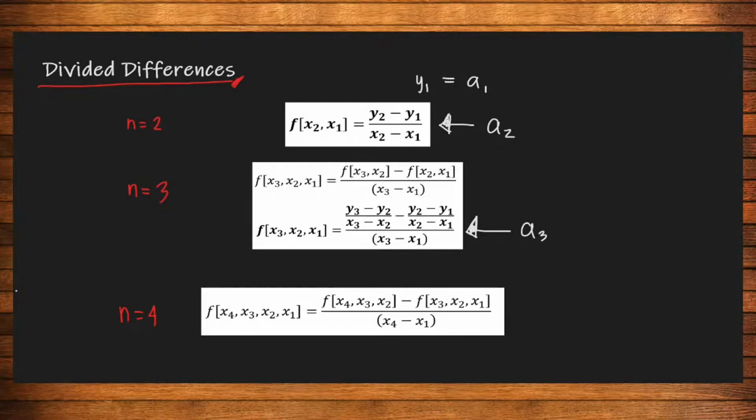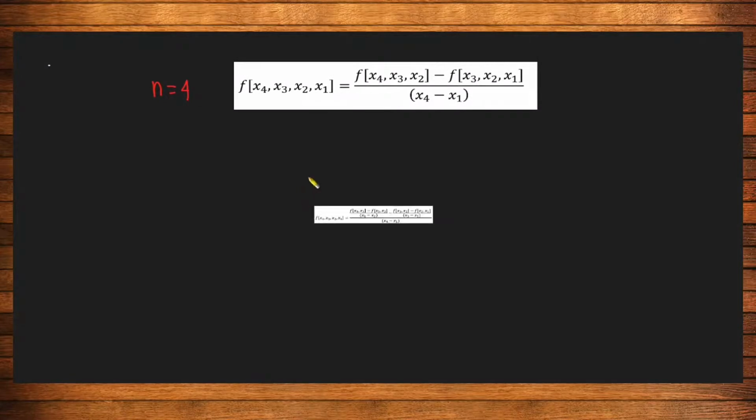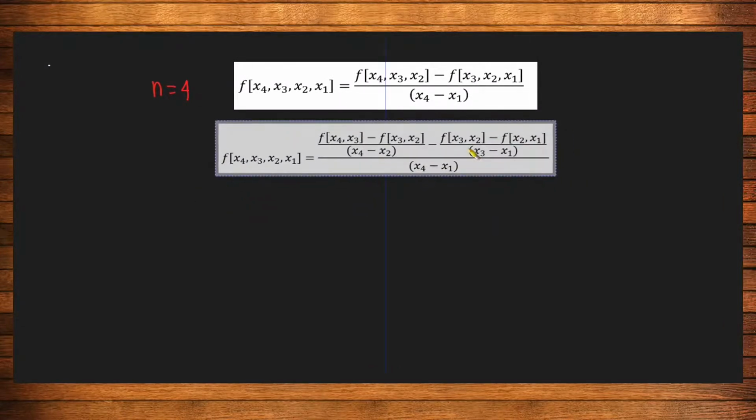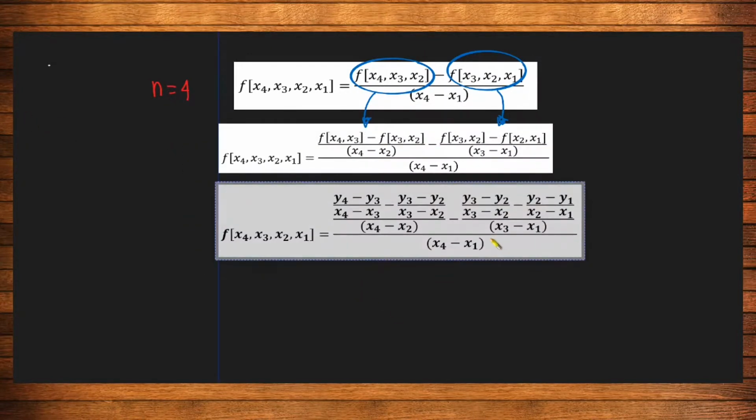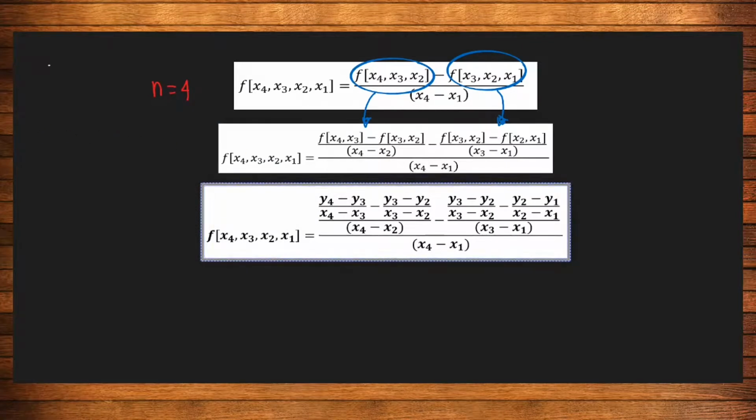Now, if we expand this, yung second divided differences natin will be equal to this, no? So, f x sub 4, x sub 3, x sub 2 will be this one, and then f x sub 3, x sub 2, x sub 1 naman will be equal to this. And then, further expanding our first divided differences, we now have this equation for our third divided difference. So, this is actually equal to our fourth coefficient a sub 4.